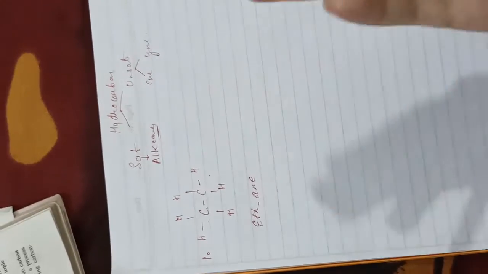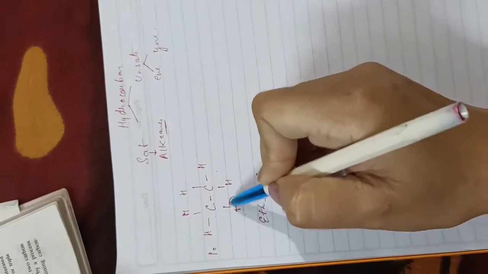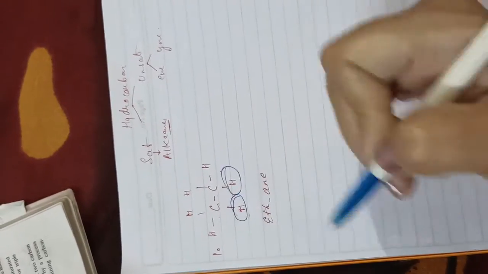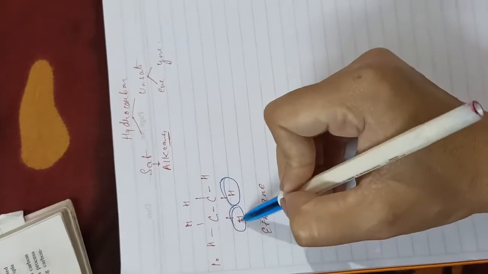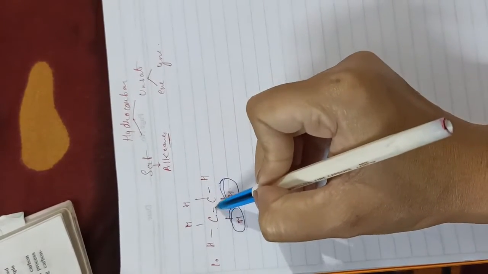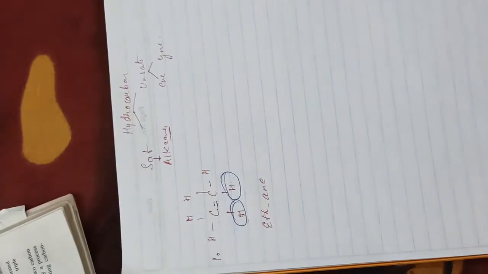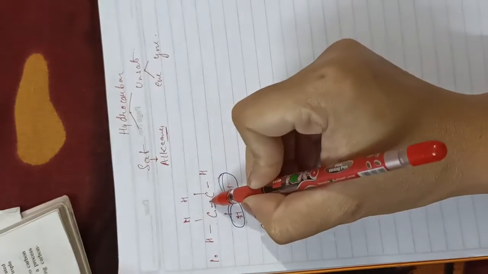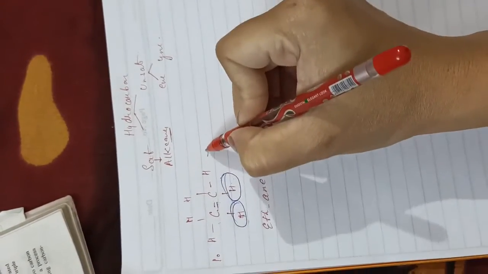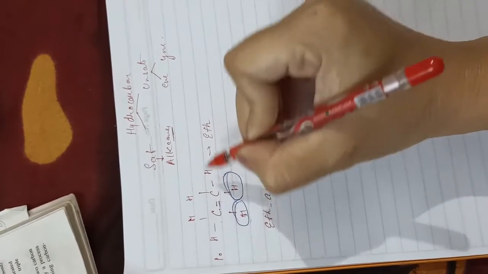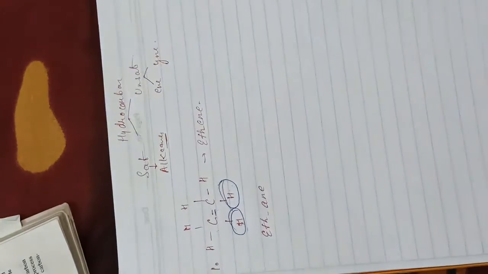Now, with the same formula, I have removed one hydrogen from here and one from there. On any side you can remove the hydrogen. Two hydrogens are removed and it forms one bond, so now a double bond is there. It is eth, but because of the double bond it is said to be ene, ethene.